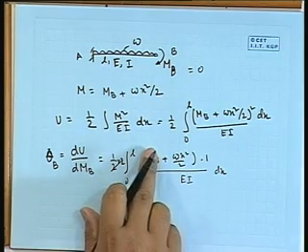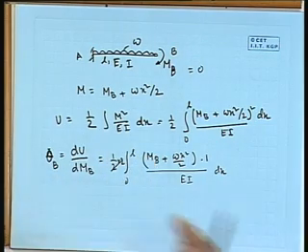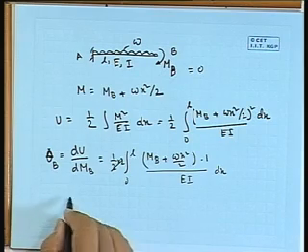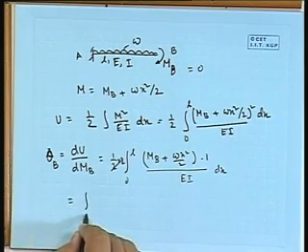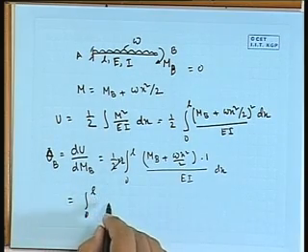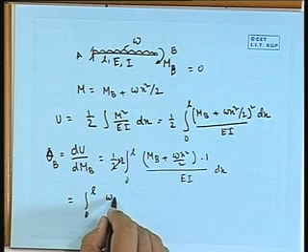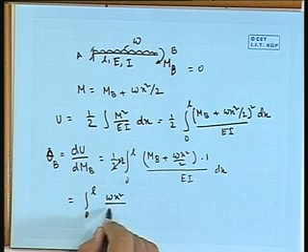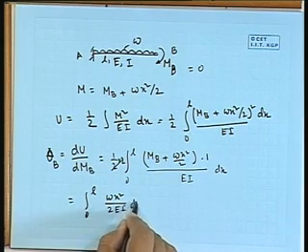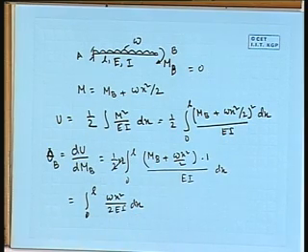Okay. So, if MB is 0, this part will not be there. So, remaining part we can take. So, this will be equal to integral 0 to L omega x square by 2 EI dx, right.